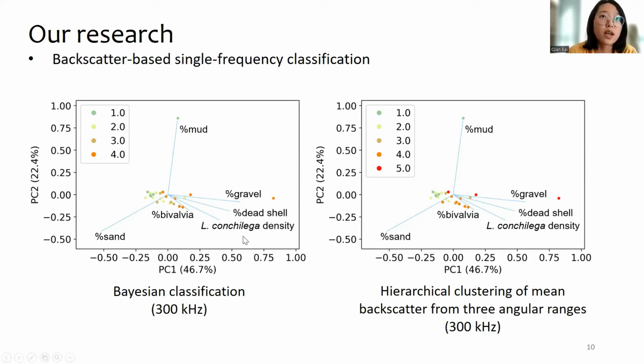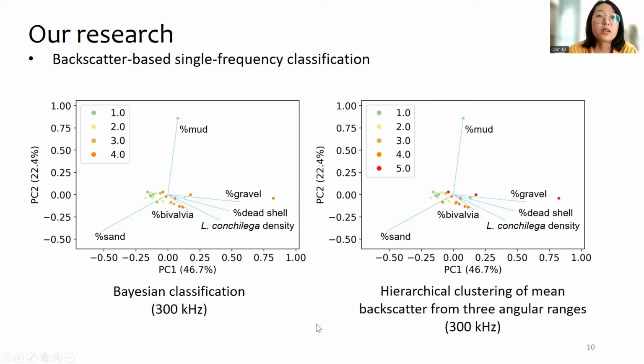And of course, the highest class often occurs with the highest percentage of grayball, and also the highest existence of, for example, sand mason worm density, and the volume percentage of living bivalves.